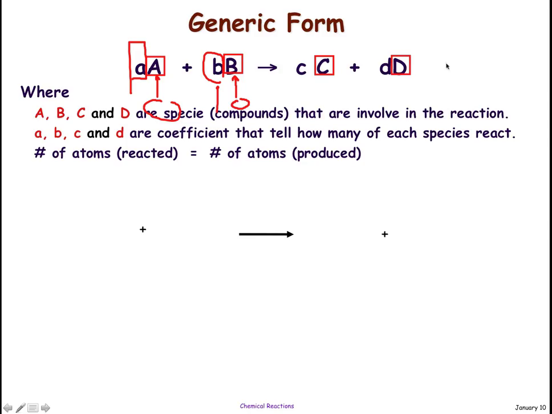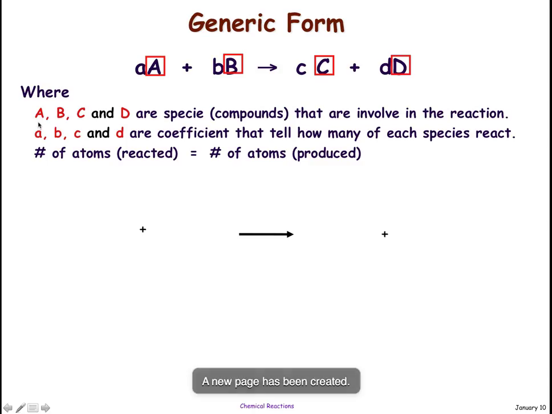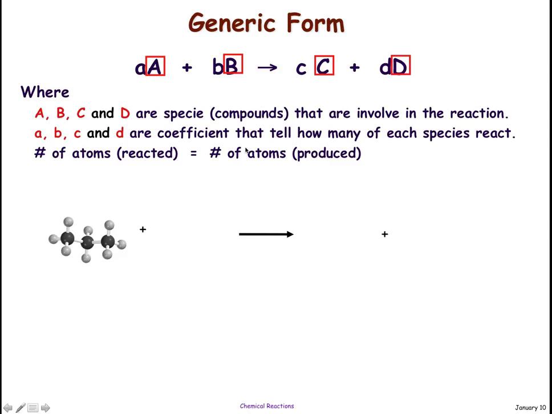So, in terms of how to proceed with the reaction, remember A, B, C, and D in this form represent a compound, a substance. The small a, b, c are the coefficients, and they tell you how many. Going back to our example, this right here is propane. The formula for propane is C3H8.